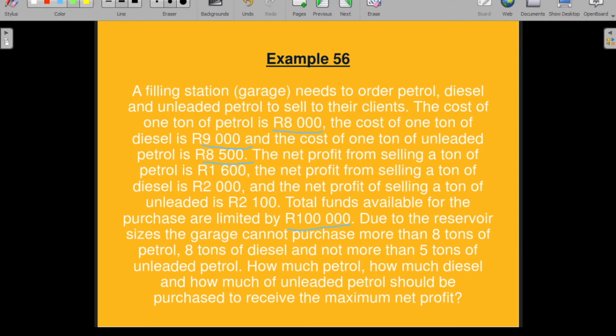Then I have storage space for only 8 tons of petrol. That will be my second restriction. Then 8 tons of diesel, so that will be my third restriction. And then we have storage space for only 5 tons of unleaded petrol, and that will be my fourth restriction. So we can summarize our LP model in the following way.